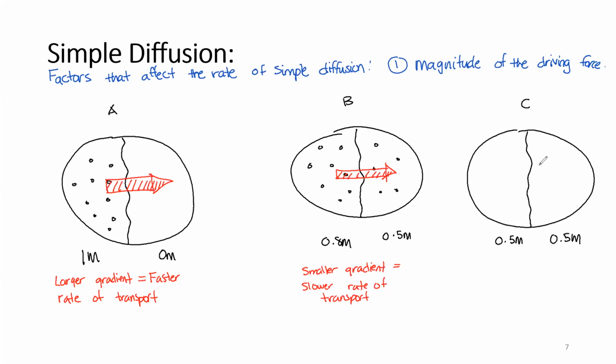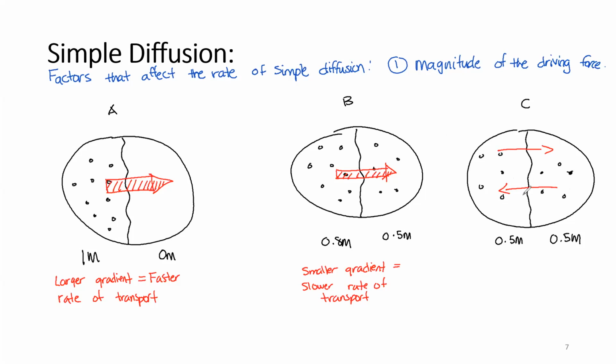Okay. And then finally in scenario C here in this container, because we had an equal distribution of particles here, we have zero gradient. Okay, what we see is that one-way flux. So we've got particles moving to this side, particles moving to that side, but there's no net accumulation on either side.